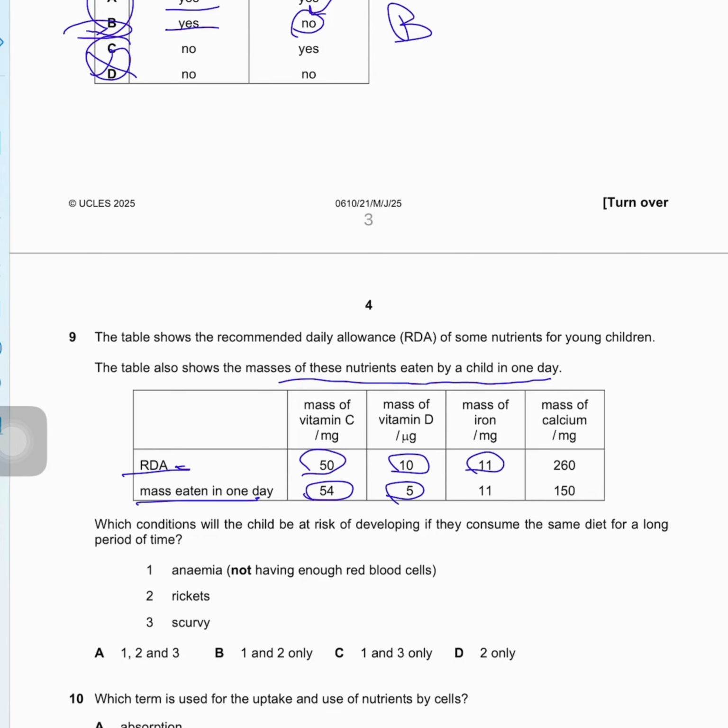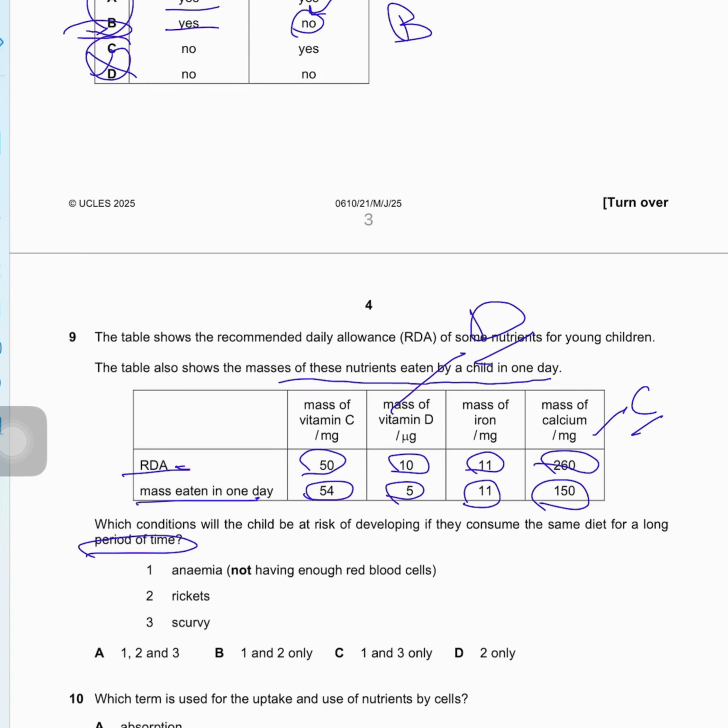Iron is 11, and he also eats 11. Calcium is 260, but he eats 150. So which condition will he be at risk of developing if he consumes this diet for a long period of time? What is he lacking in this diet? Two things, calcium and vitamin D.